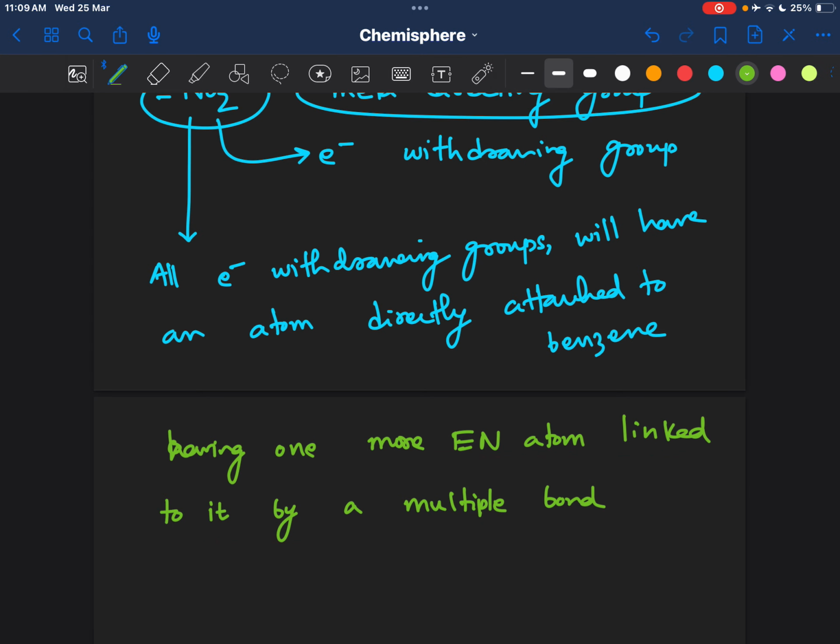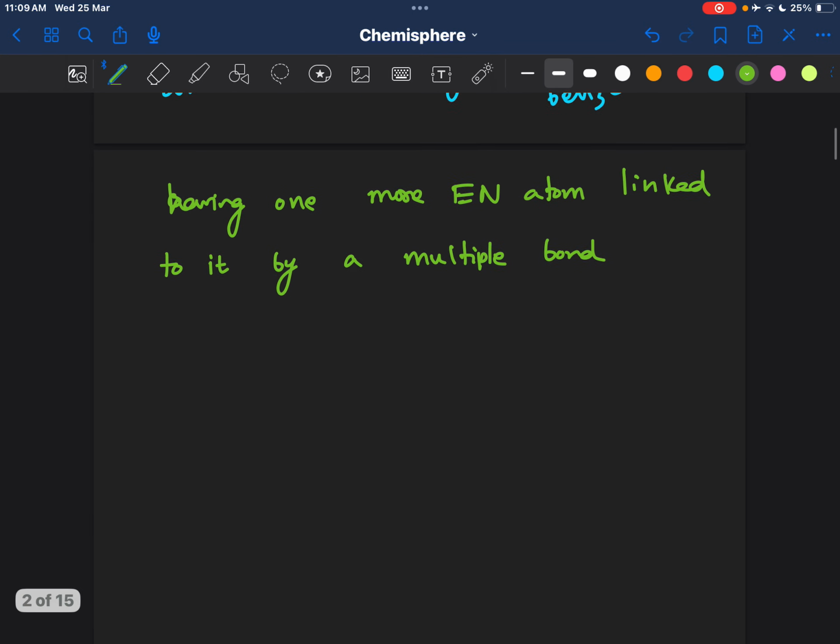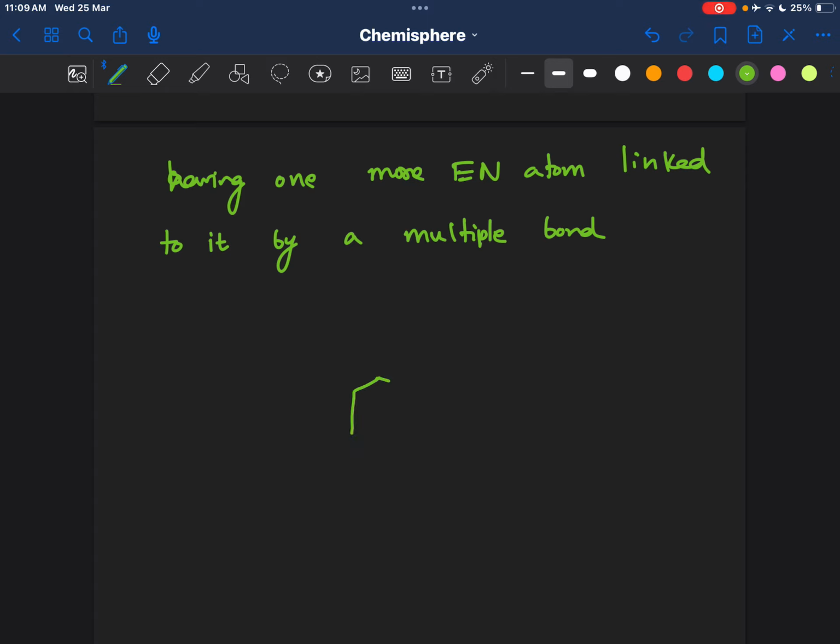For example, in the case of NO2, let us draw the structure with NO2 attached. I hope we know that there is one double bond and one single bond, and there are formal charges here. Obviously there are 2 electrons here, 3 4 5 6 7 8, and 4 electrons here, 5 6 7 8, and 4 5 6, nitrogen octet complete.